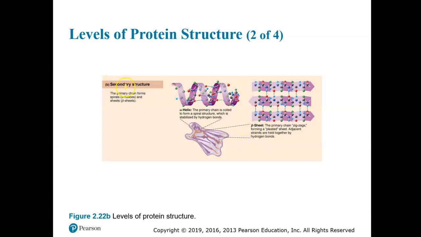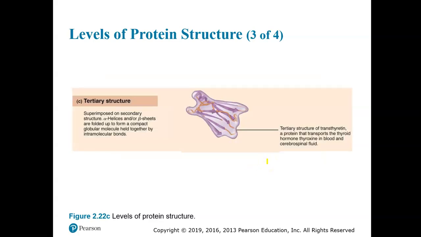So the secondary structure is either an alpha helix or a beta sheet. And then the tertiary structure is you take those alpha helices and beta sheets and you fold them and twist them and loop them into a 3-dimensional shape.